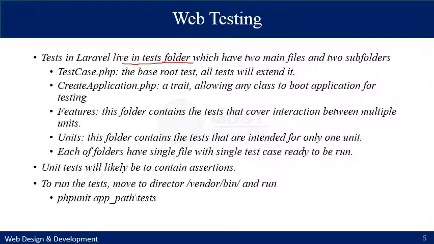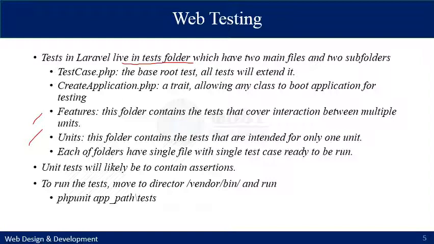It allows any class to boot the application for testing. The next is the Feature folder. This folder contains the tests that cover the interaction between multiple units. The other folder is Unit. This folder contains the tests that are intended only for one unit. Each folder has a single file with a single test case ready to be run.